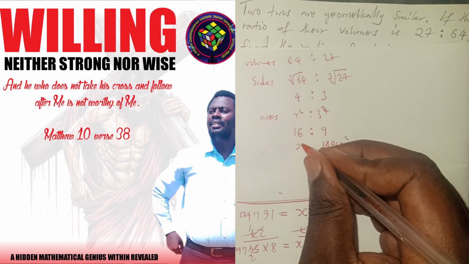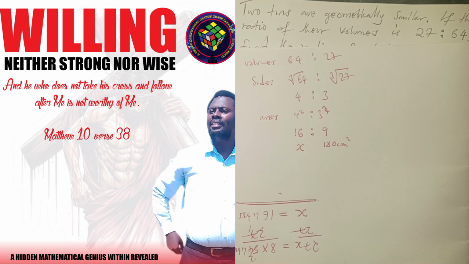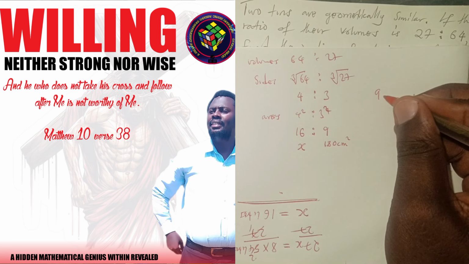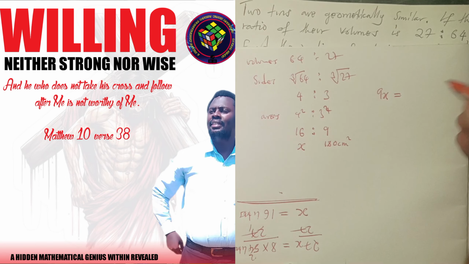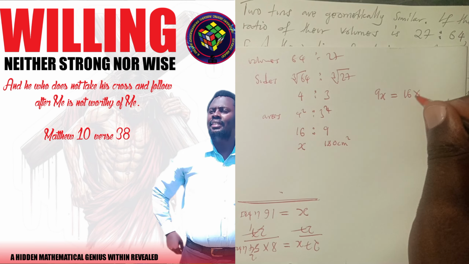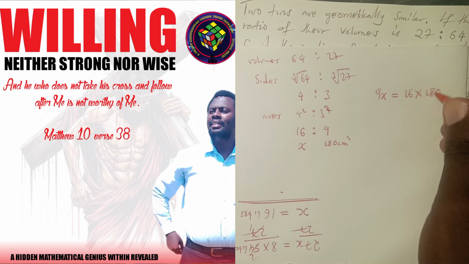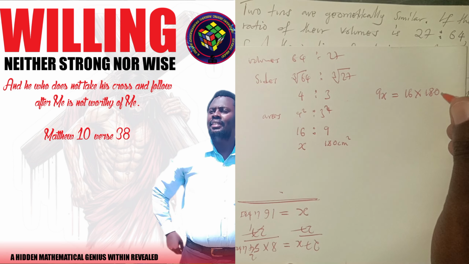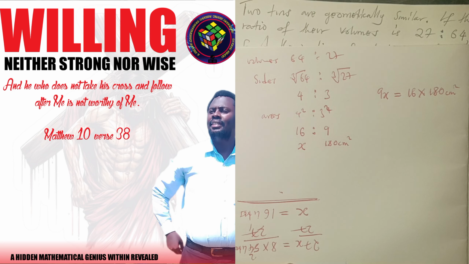So you put x there. Then you cross multiply. So we have 9 multiplied by x, you get 9x is equal to 16 multiplied by 180 square centimeters.